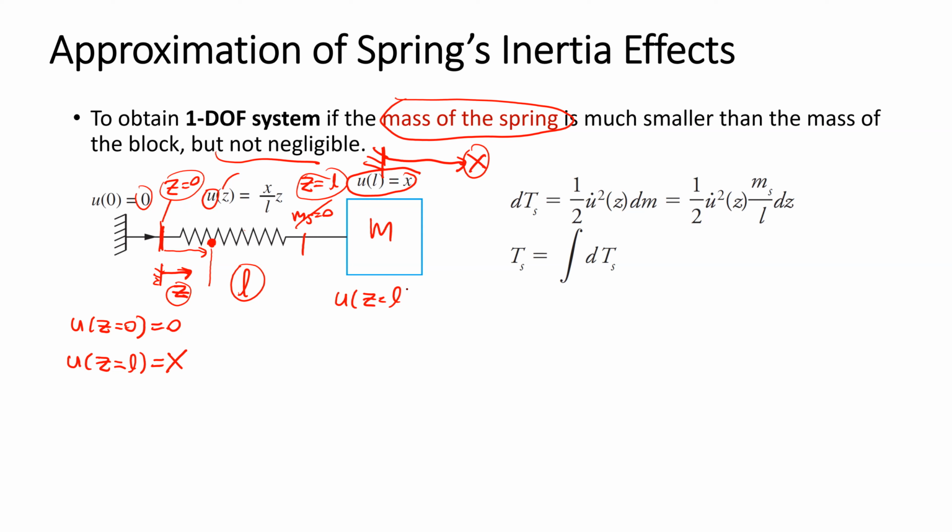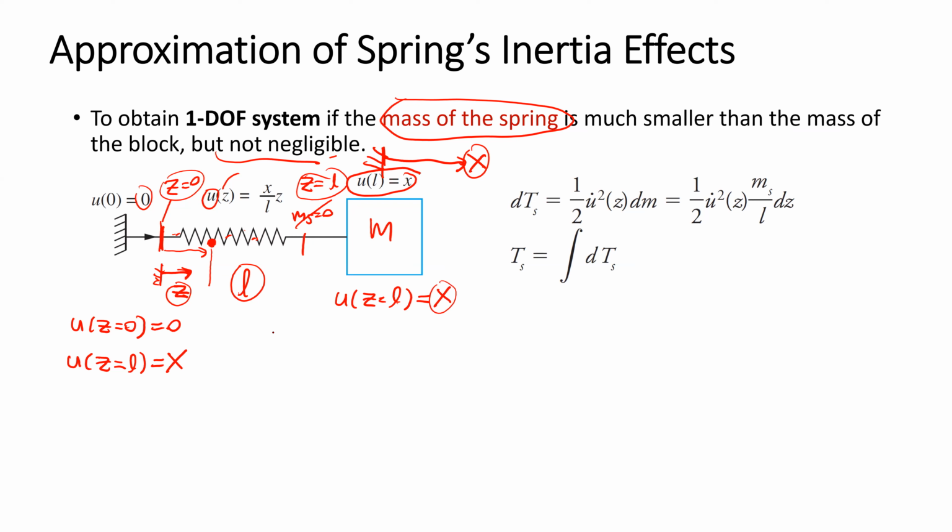At z equal to L, it means the right end of the spring. The spring has deformation x. But at any point between, the spring has deformation less than x.